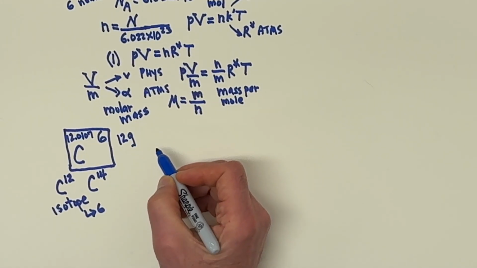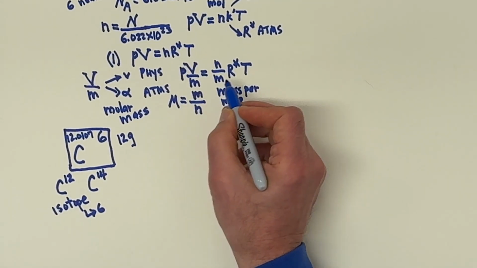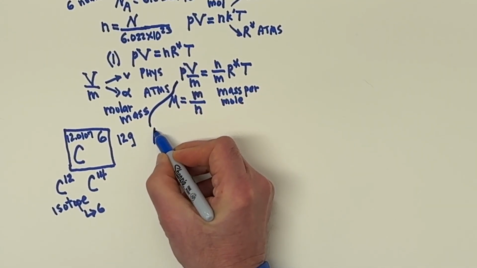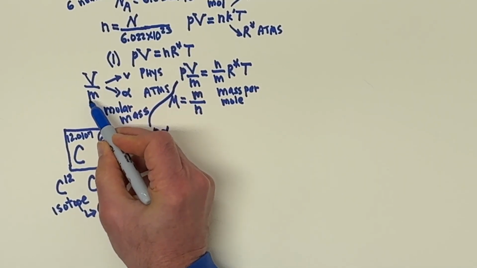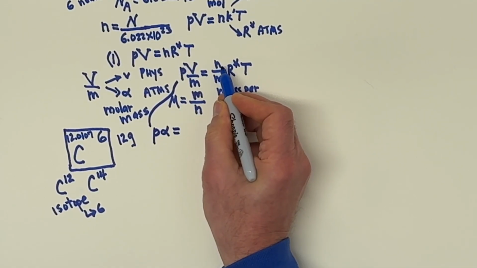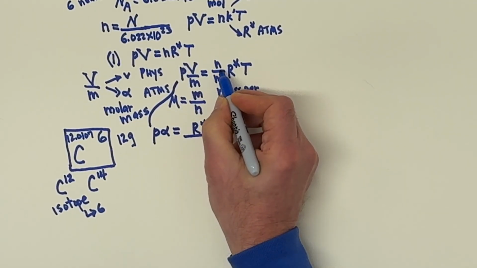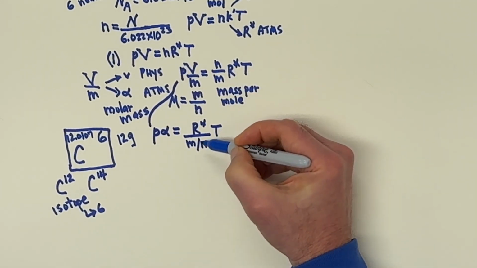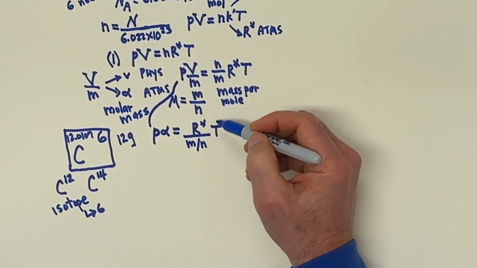Okay, so if we proceed here with our formula, what I would like to do is go back to this formula where I divide it by the M, and that would be the pressure times alpha, since alpha is V over M, is equal to R* divided by, and flip this, M over N. So when you divide by M over N, you would get N over N times the R*.